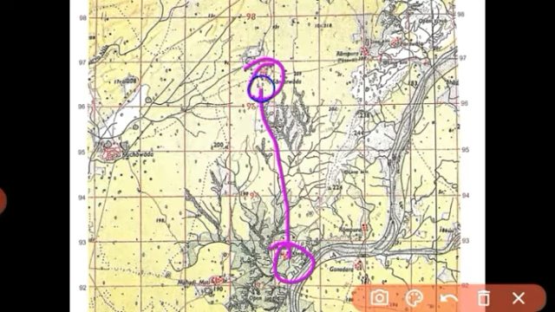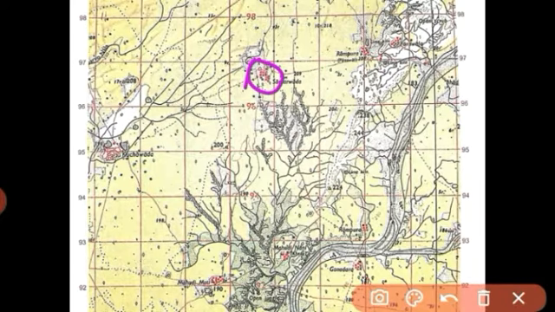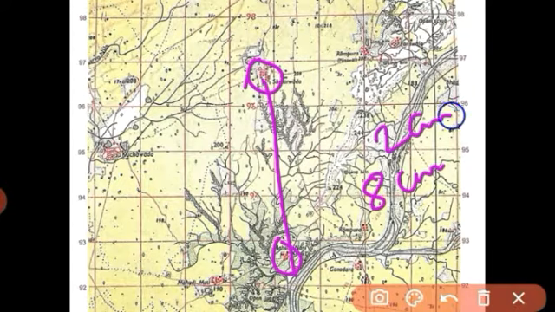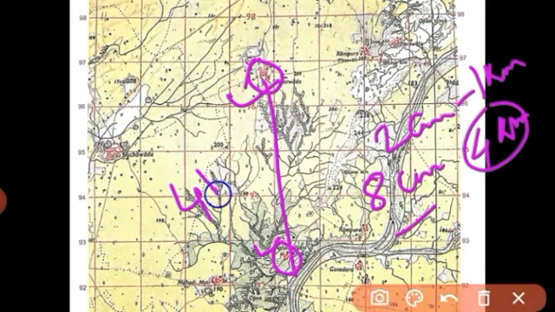Just put a scale from here to here and take the distance. Near about it is 8 cm. Just do it on your own. But on the ground, how much would it be, students? Because 2 cm represents 1 km on the ground, 8 cm represents 4 km on the ground. So the distance from this to this would be 4 km.